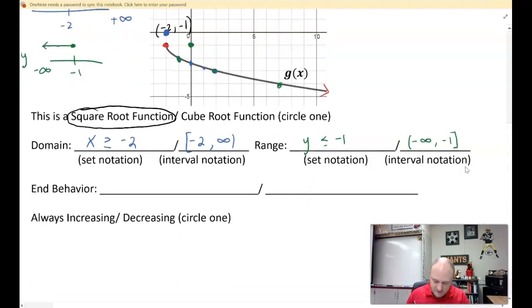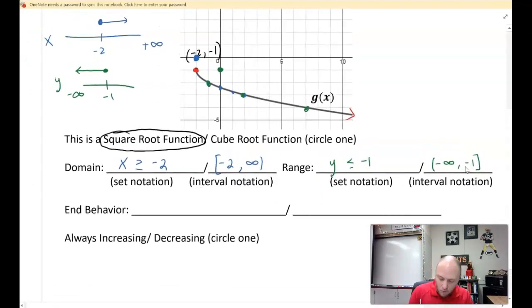Okay. End behavior, again, we only have one, and that is over here at this arrow. We're going to the right again, but this time we're going down. So right, that's positive. Down, that's negative. So our end behavior is going to be as x goes to positive infinity, our y values, or g of x, goes to negative infinity.